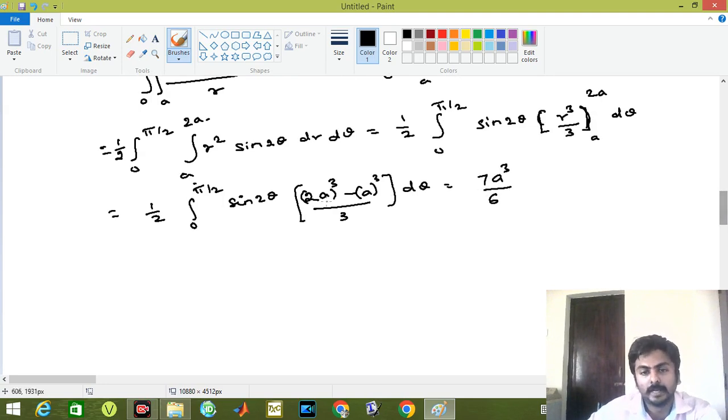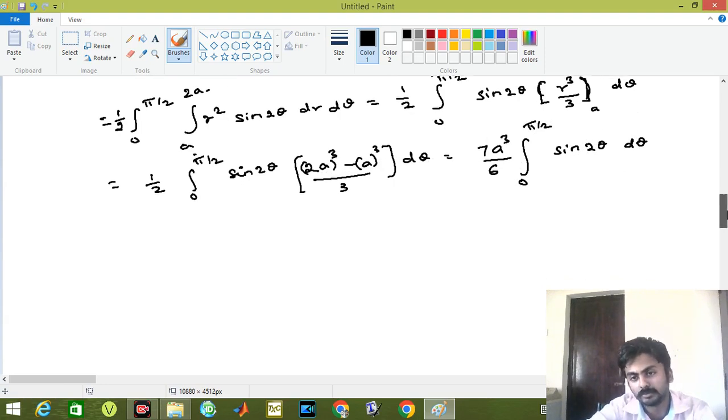7a cube by 6. Then you are taking this integral 0 to pi by 2 sin 2 theta d theta.